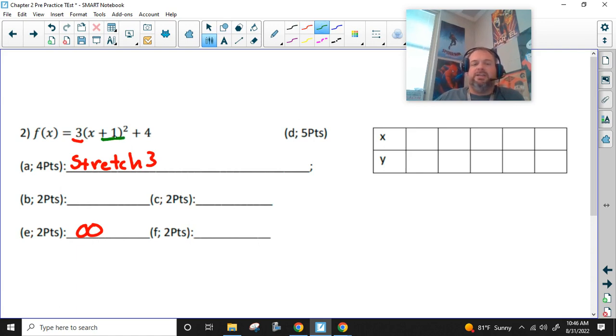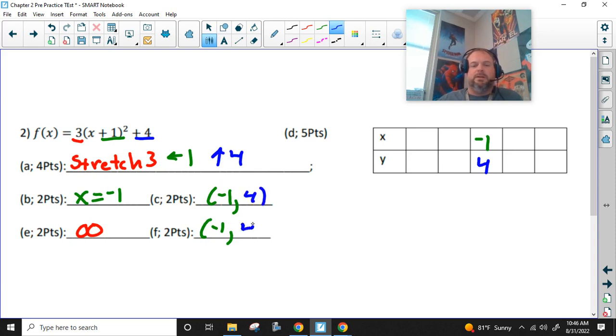Our H is the opposite. This is negative 1, so this means left 1. X equals negative 1, negative 1, and negative 1. Our K is 4. So this is an up 4. 4 goes here. 4 and 4.